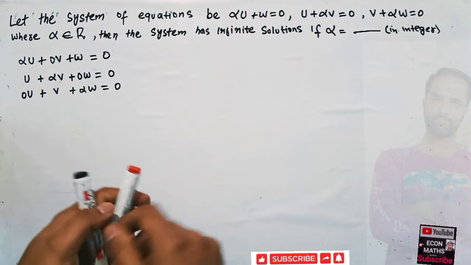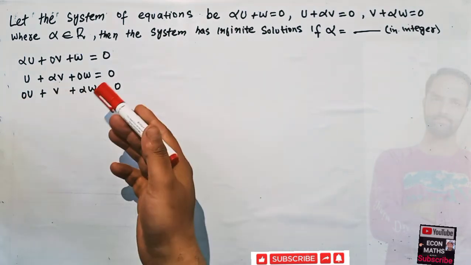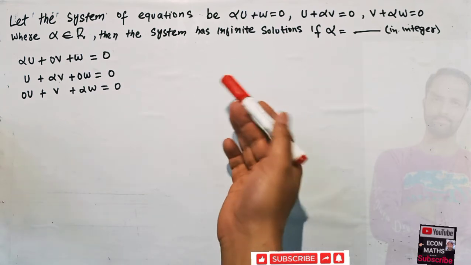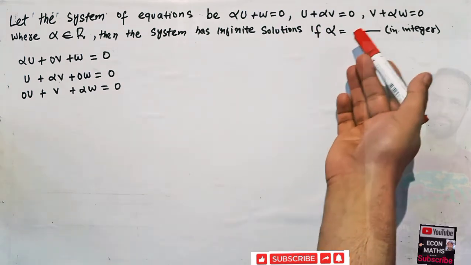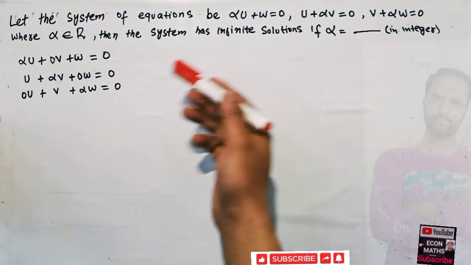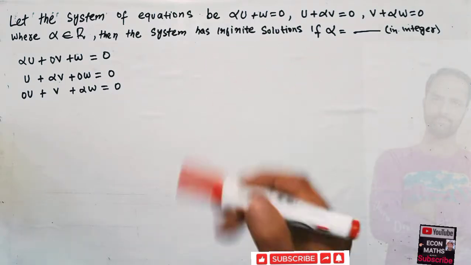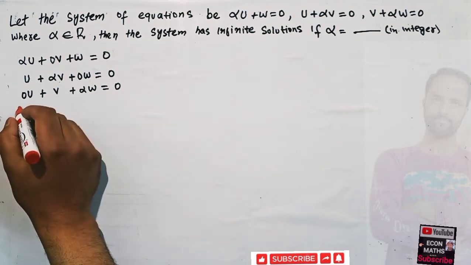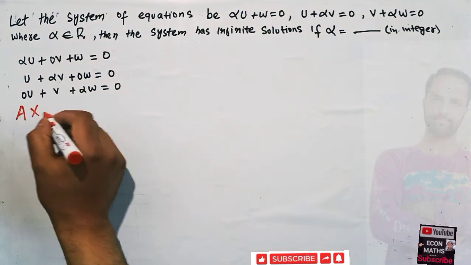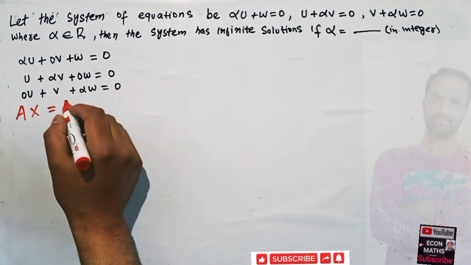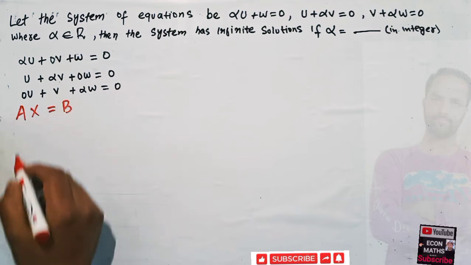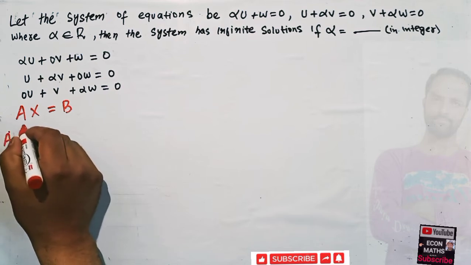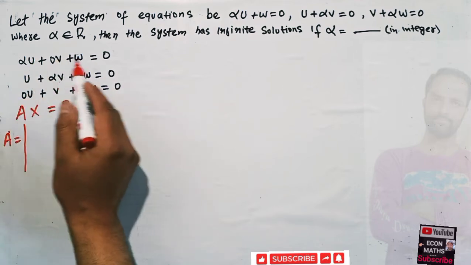So what will we do? We will write the system of equations in matrix form and use Cramer's rule in finding the value of alpha so that this system of equations has infinite solutions. Writing them in matrix form means we write it like this: AX is equal to B, where A is the coefficient matrix. So I will write here A is equal to the coefficients of u, v and w.